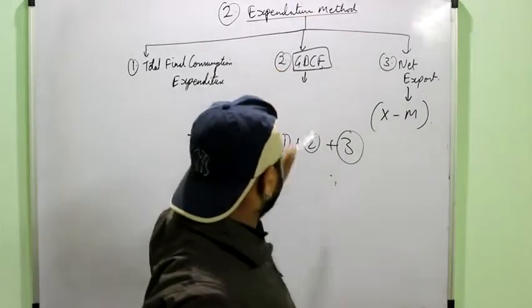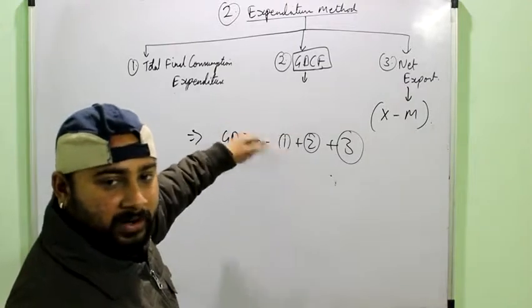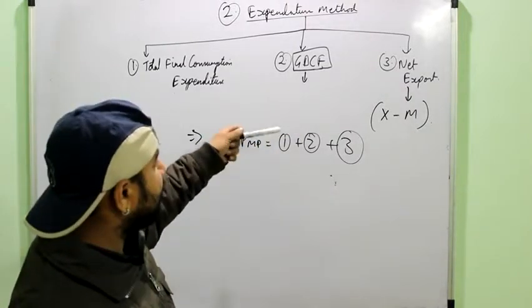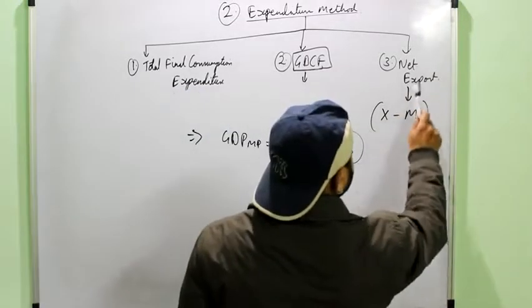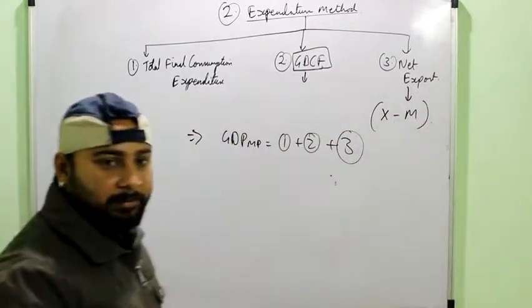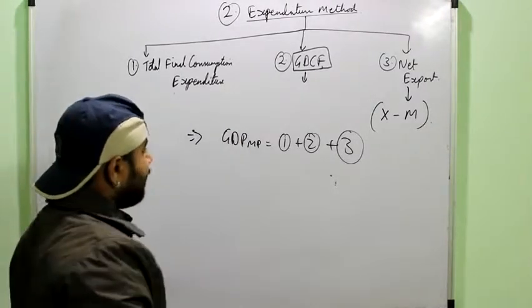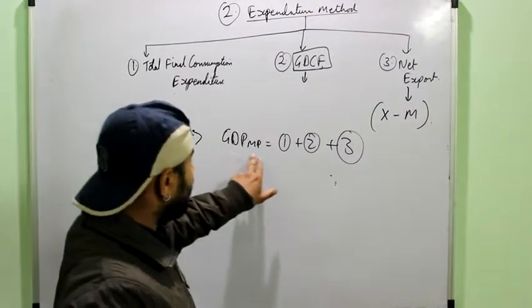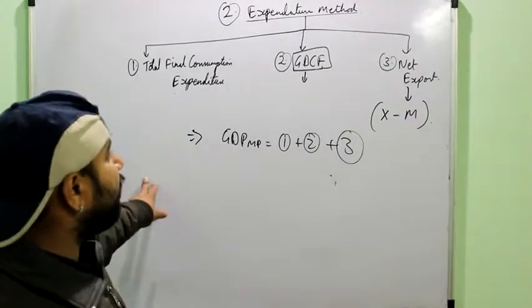Second is GDCF, which again I have told you how it may be given to you and how you have to convert NDCF or GDFCF into GDCF. And third means the net export, that is export minus import. And now see, whenever you use the expenditure method, you will always get GDP MP. That is another important thing that you have to be careful of.